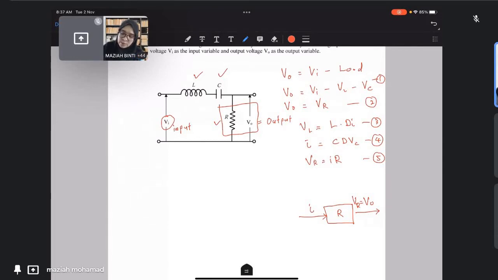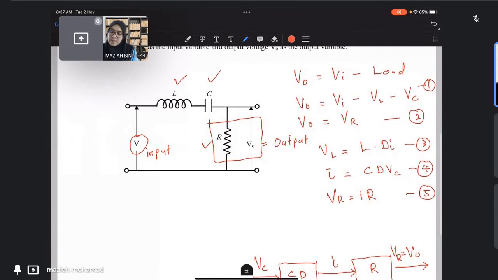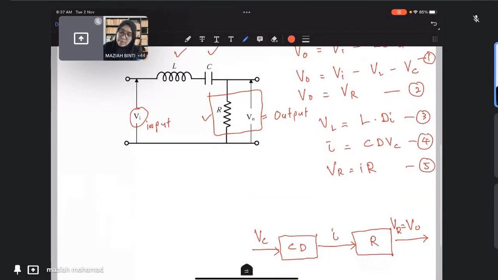Let's use equation 4. I is equal to C d VC. Now let's solve for VC. We're going to use equation number 1.